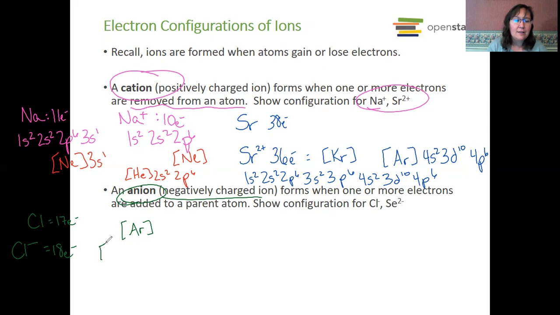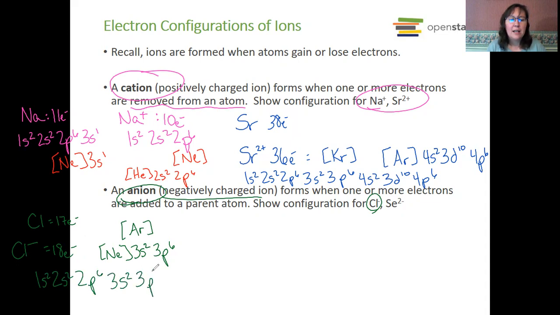Or we could also say that it looks like neon plus everything you need to make argon, 3s2, 3p6. Or you could say the whole thing, 1s2, 2s2, 2p6, 3s2, 3p6. And all of these mean the chloride ion. We're just showing it in different amounts of detail.